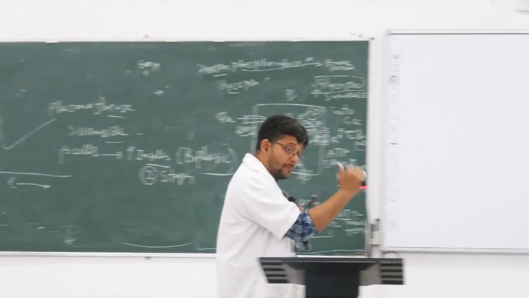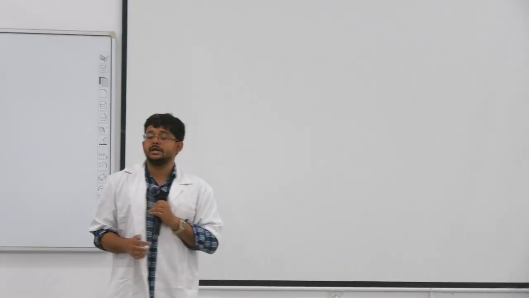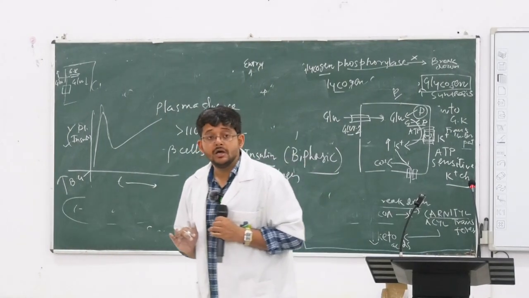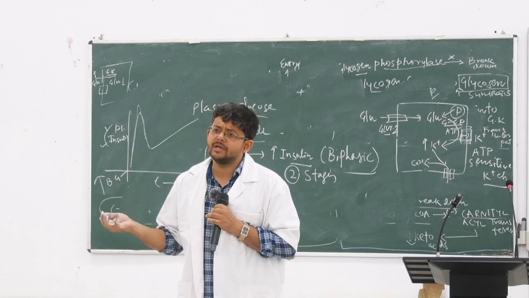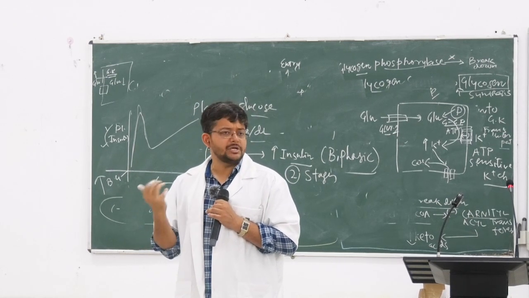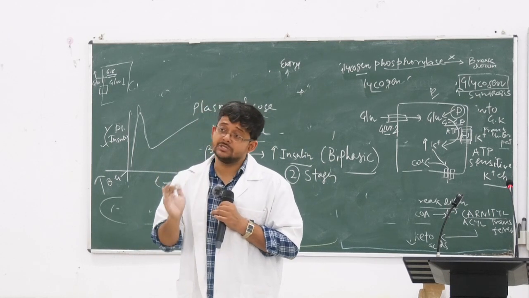This ATP is stopping ATP sensitive potassium channel to function. সেলের মধ্যে পটাশিয়াম বেশি থাকে না বাইরে পটাশিয়াম বেশি থাকে? Intracellular potassium concentration 140 plus, external potassium concentration 3, 4, 5. Clear? So এত গুণ 40 times 50 times রয়েছে.